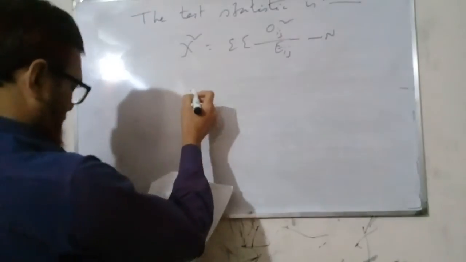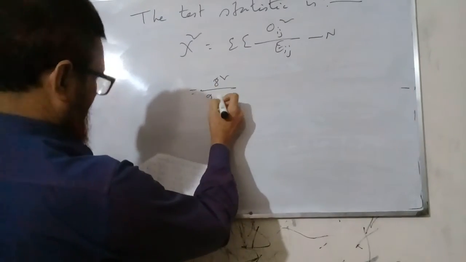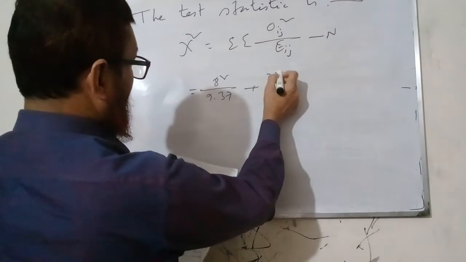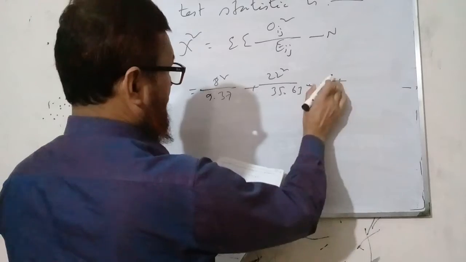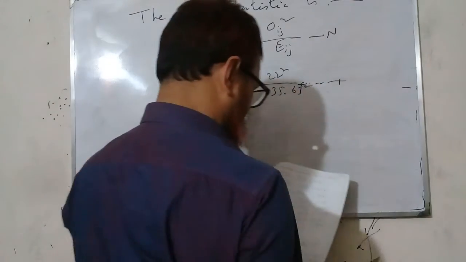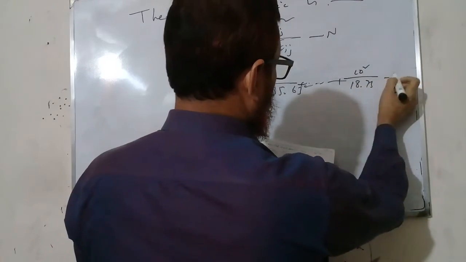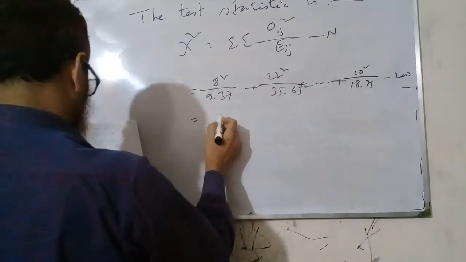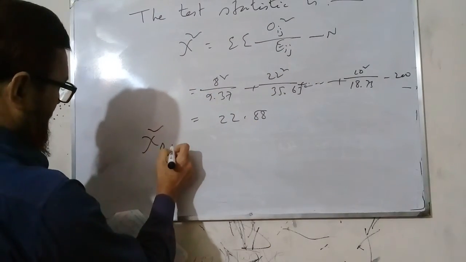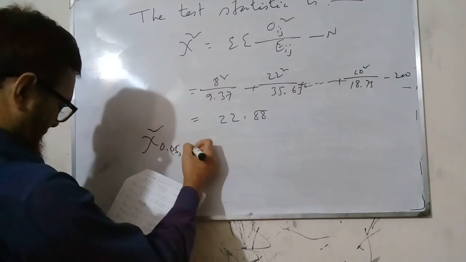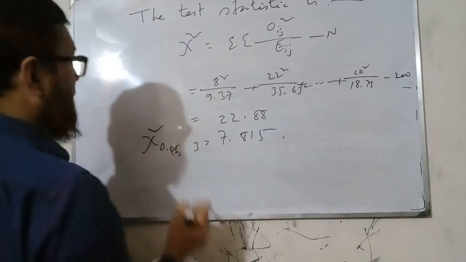That is 8 minus 9.37 whole square by 35.63 plus up to and so on, equal to 2. From the table, chi-square at 0.05 with 3 degrees of freedom equal to 7.815.